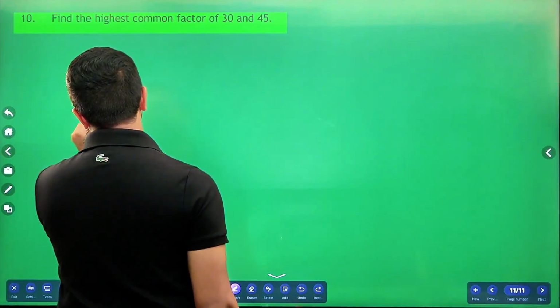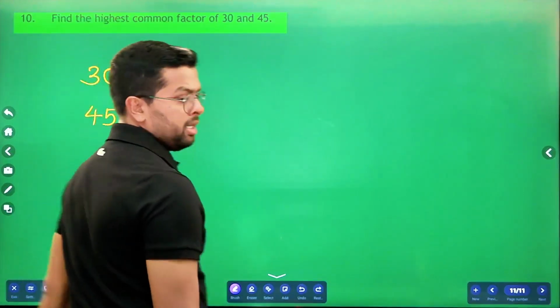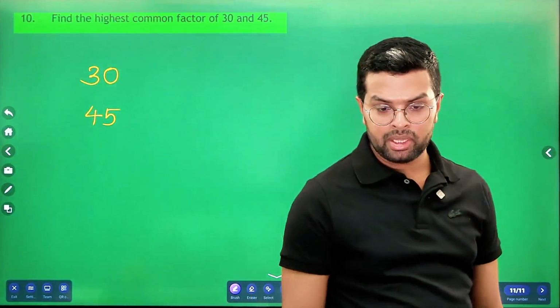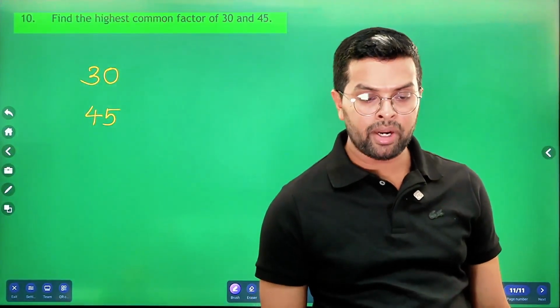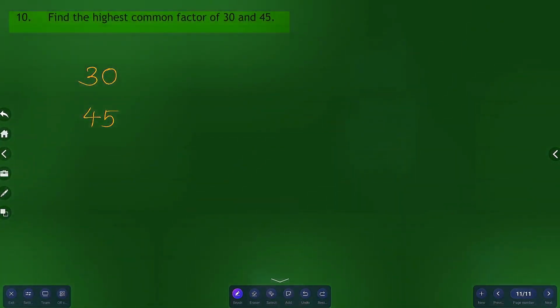Let me write the number 30 as a product of its prime factors. We start by dividing 30 by the prime factors. The smallest prime number is 2, so let's divide 30 by 2.